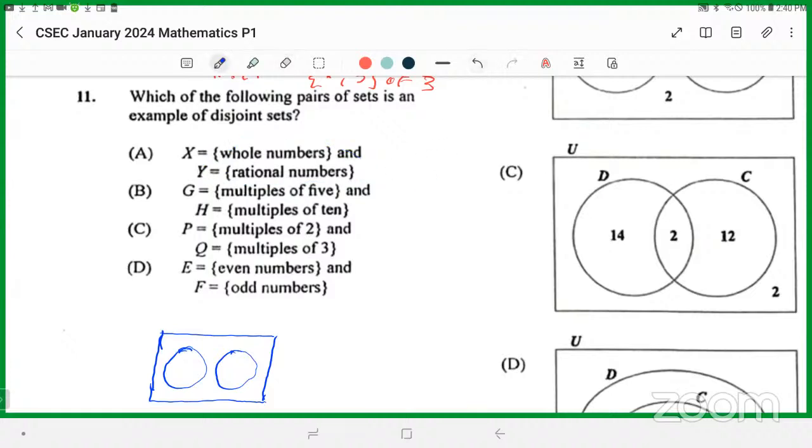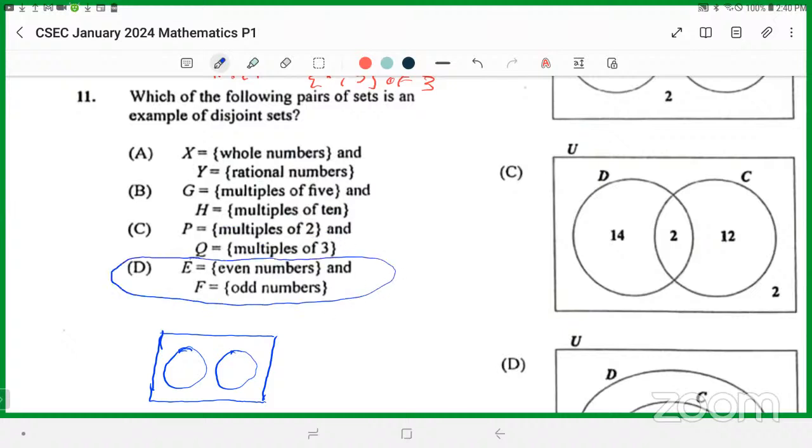Then we come to multiples of 5 and multiples of 10. A number like 50 will be in the intersection of those two, so that one is not it. And then multiples of 2 and multiples of 3, like 6. 6 will be in the intersection of these two sets. And so the last one is the answer.